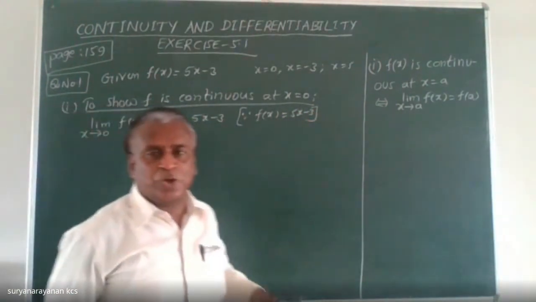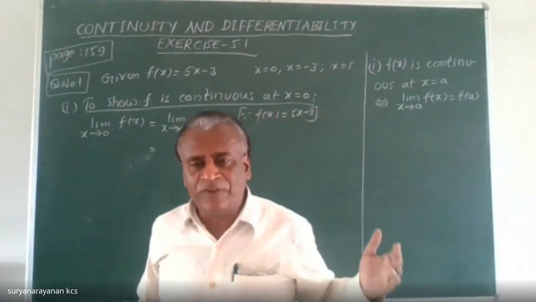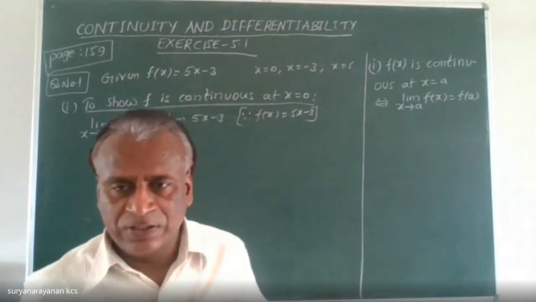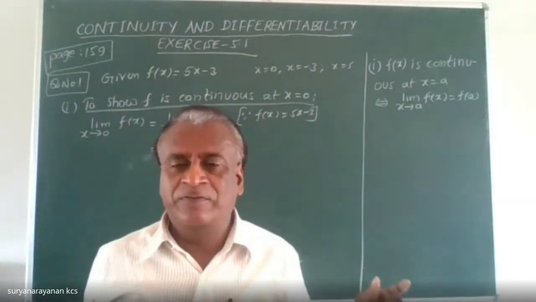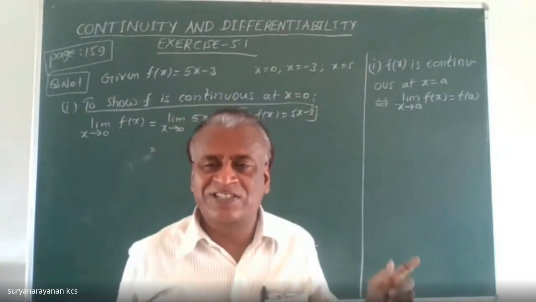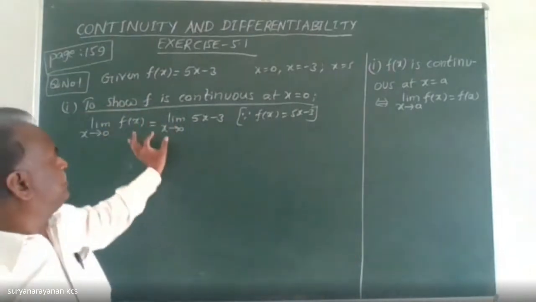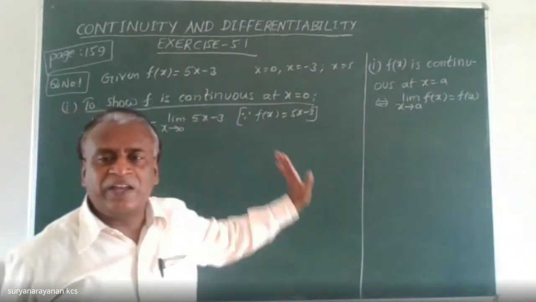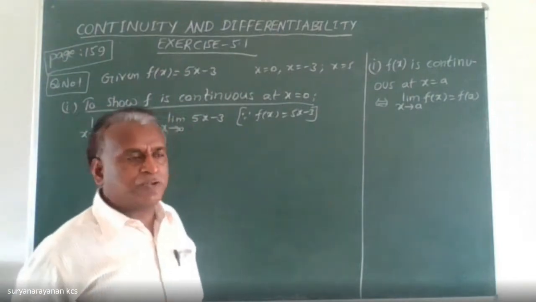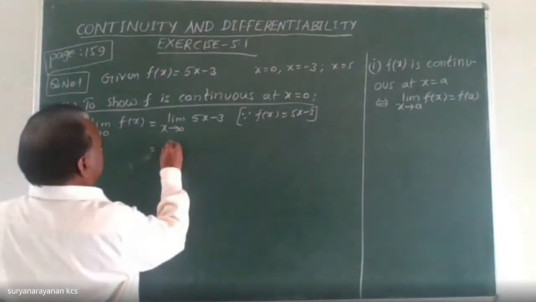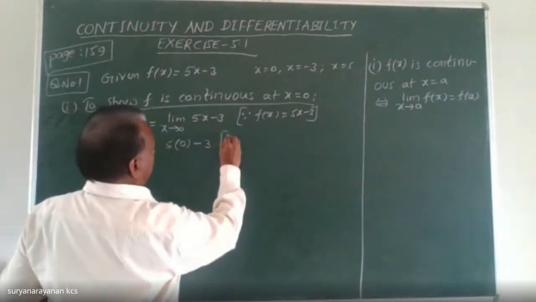Previously I told you there are different methods to find the limit of a function at a given point. First and foremost is the substitution method. Directly we substitute the given point in the given function. That is the simplest method. So 5 into 0 minus 3 by substitution method.